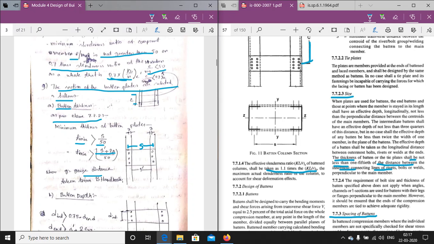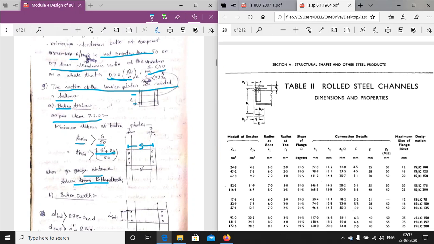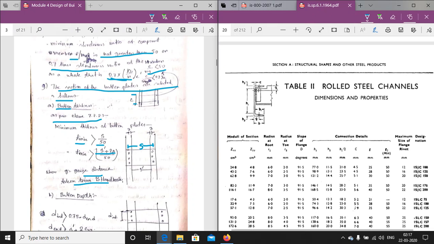G is the gauge distance taken from the IS handbook. If it is a normal channel section, we can get the G value from here and put it here to calculate T minimum, that is, the minimum thickness of the batten plate.